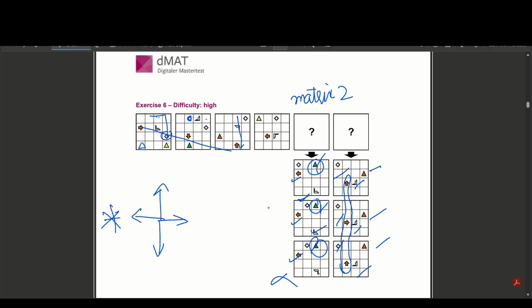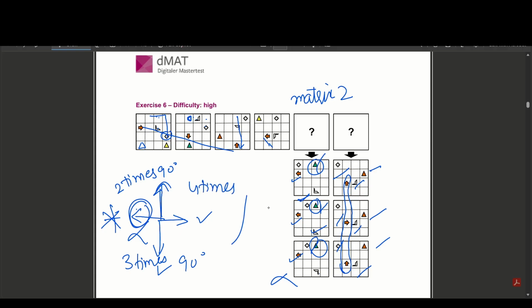First of all, it is diagonal, then it will come back. So the first arrow is this, then 90 degree change, then it skips this part, it moves 2 times 90 degree, and after that it will obviously move back to the diagonal. It skips 3 parts, 3 times 90 degree, it will go here. When it skips 4 times 90 degree, it will come to the same position here.